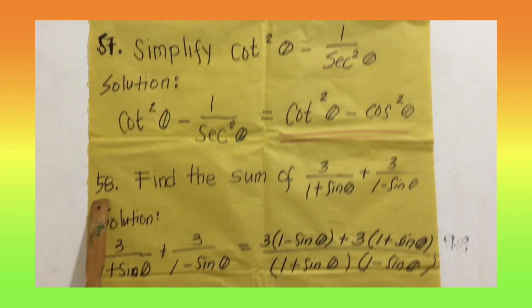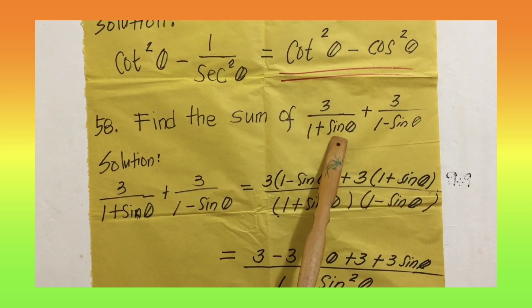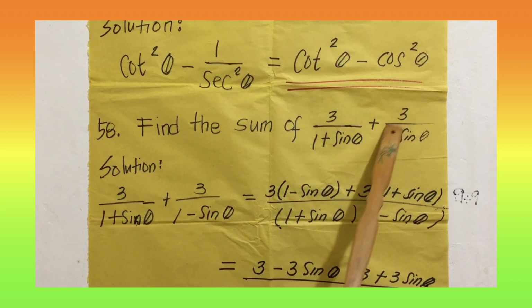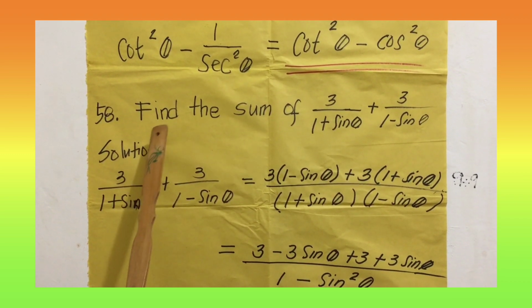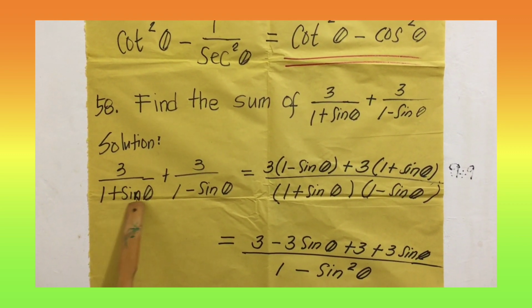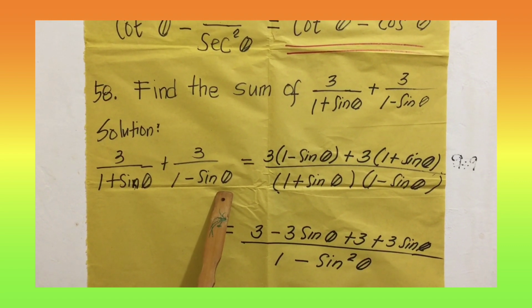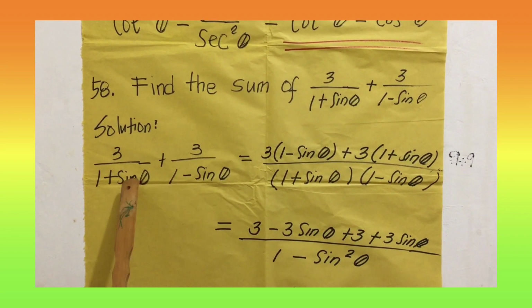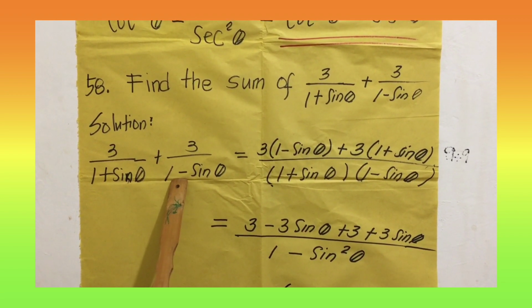Next, number 58, find the sum of 3 over 1 plus sine theta plus 3 over 1 minus sine theta. The first thing you do is copy first for our solution, 3 over 1 plus sine theta plus 3 over 1 minus sine theta. Our first step is to find the LCD of 1 plus sine theta and 1 minus sine theta.